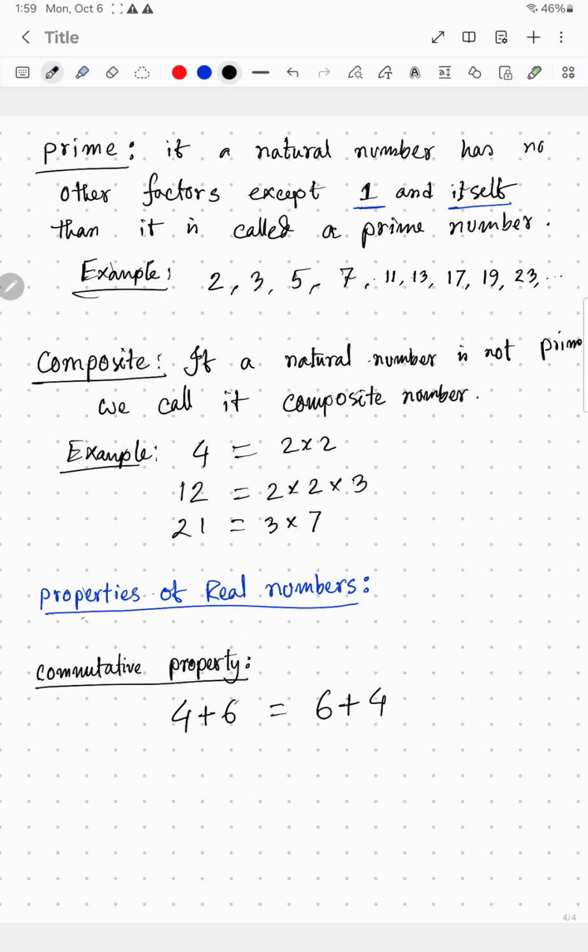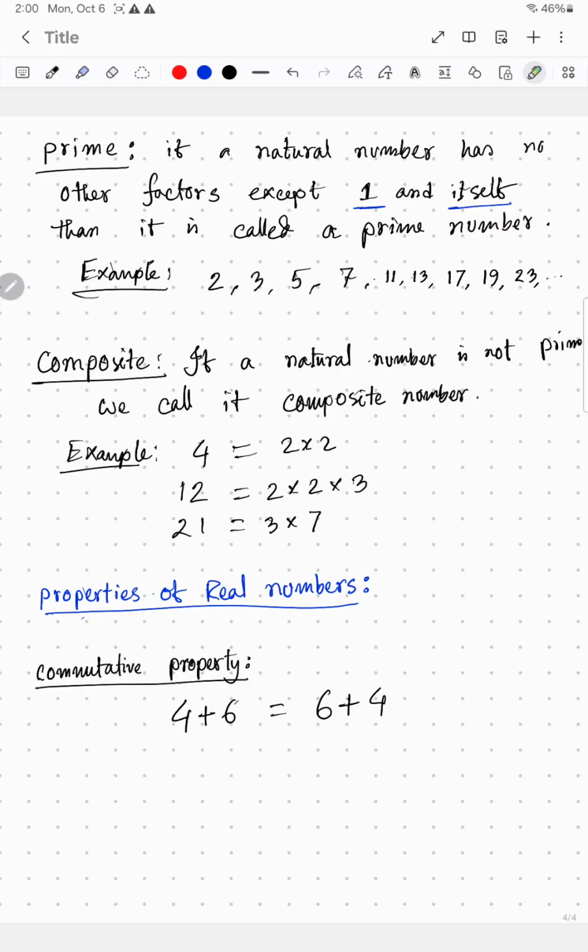Okay, we know that 4 plus 6 is 10, 6 plus 4 is also 10, right? So in both cases we have the same number, so we say the real numbers have this commutative property for addition, right? So if we add two numbers, then it's commutative.